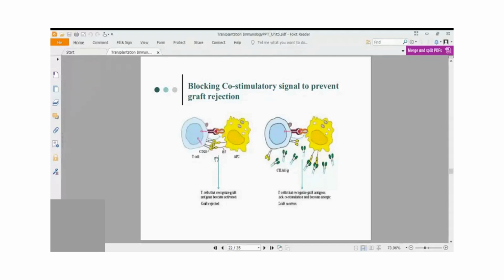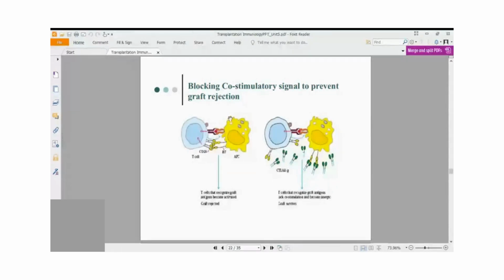The second possibility is you can have a monoclonal antibody against CD28. Instead of B7, CD28 also can be blocked so that it will be prevented from interacting with B7. Then we had come across two more additional molecules which are co-stimulatory. Those are CD40L and CD40R.